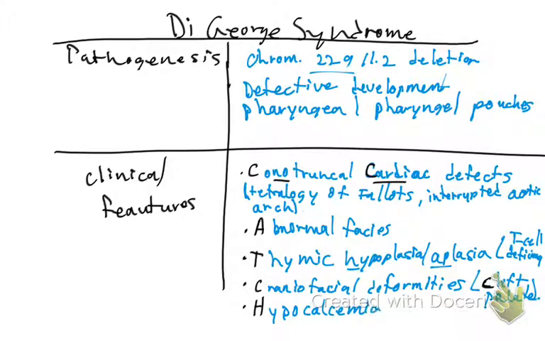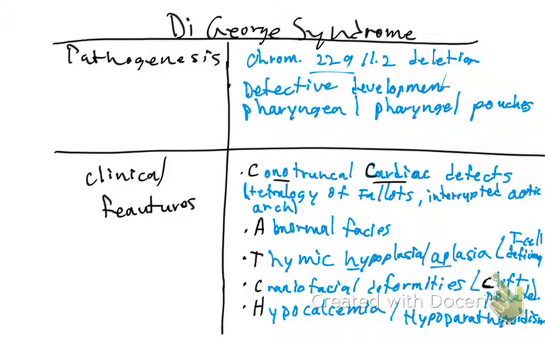This patient is going to have low levels of calcium in the blood, or they can develop hypoparathyroidism. Basically those are the main ones, but there are a few more things that we're going to talk about in DiGeorge syndrome.